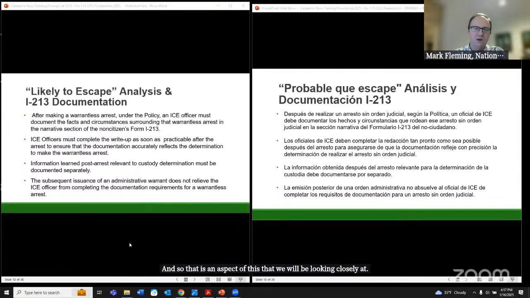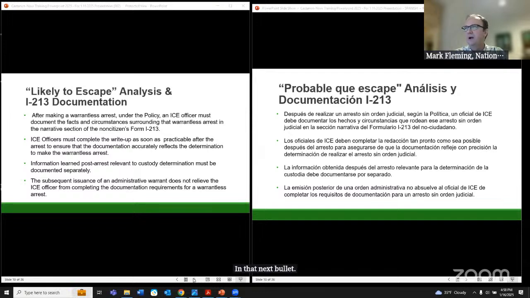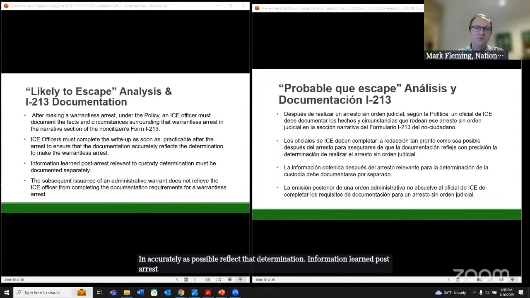But in addition, under the policy, there's some very specific requirements as to how to document the probable cause of likelihood to escape. In that next bullet, ICE must do it as soon as possible and as accurately as possible reflect that determination. Information learned post-arrest relevant to, say, determining custody going forward must be documented separately.